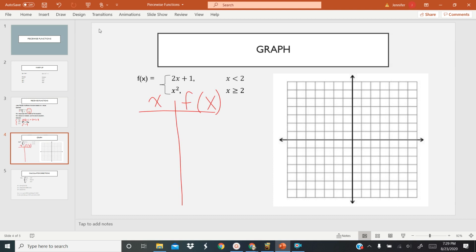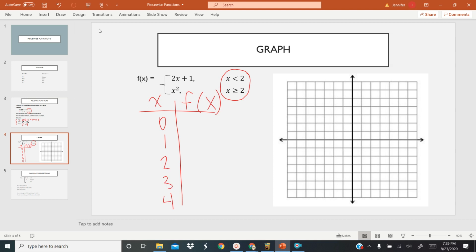The main number you obviously need in here is where x equals 2. So I'm going to try a few different numbers around there. I'm just going to start with 0 because that's a little bit away from 2. Then 1, 2, 3, and 4. So we've got a few different numbers around x equals 2.